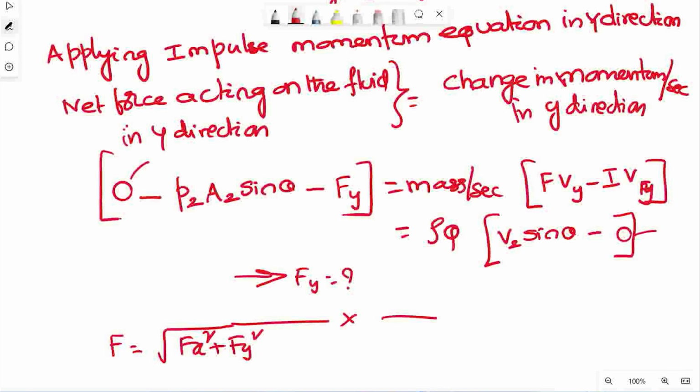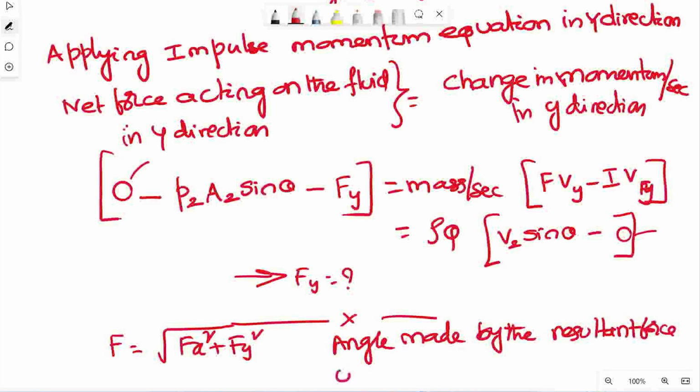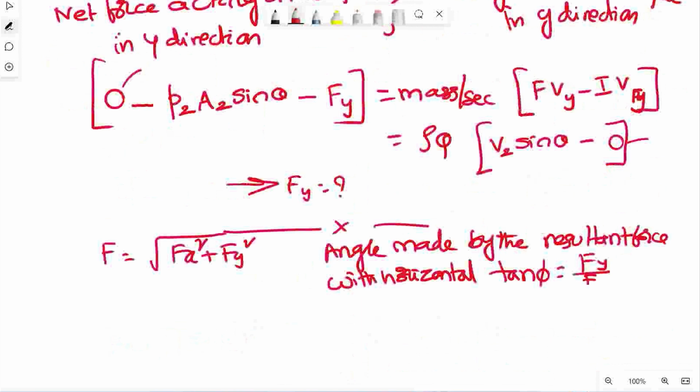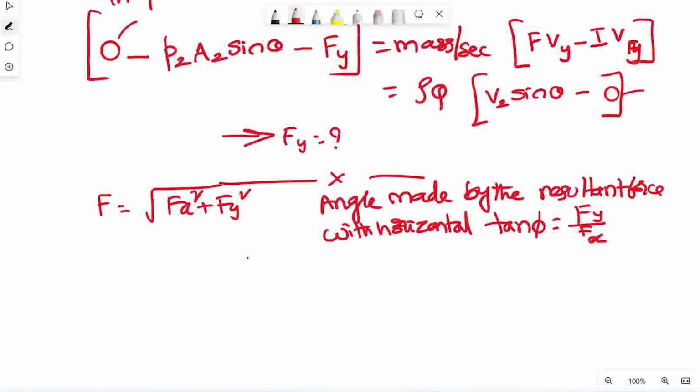And the angle made by the resultant force with the horizontal is given by tan phi equal to Fy by Fx. Using this equation, you can find out the result. So if you find this out, this topic is over.